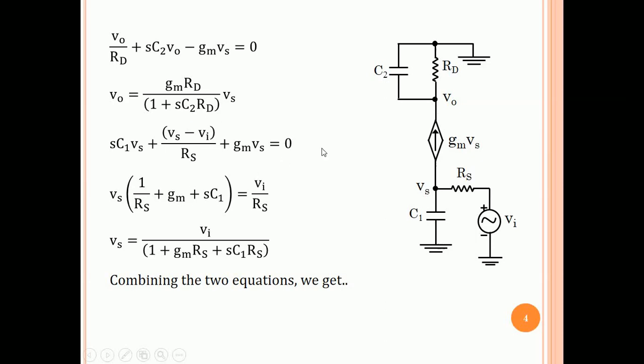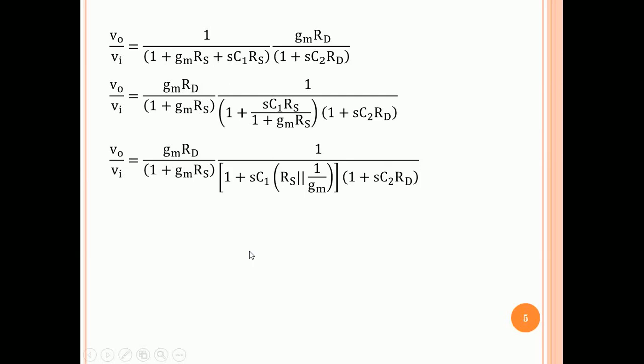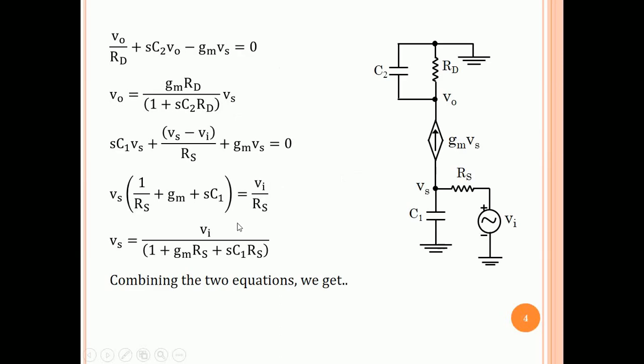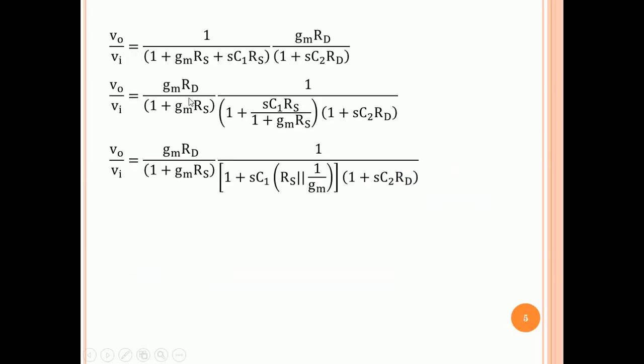We multiply by Rs and find Vs in terms of Vi from this second nodal equation, and then we substitute for this Vs here and we get Vo in terms of Vi. So you get Vo over Vi equal to 1 over 1 plus GMRS plus SC1RS, into GMRD by 1 plus SC2RD. That's just the product of these two terms.